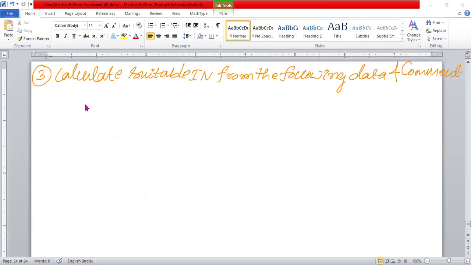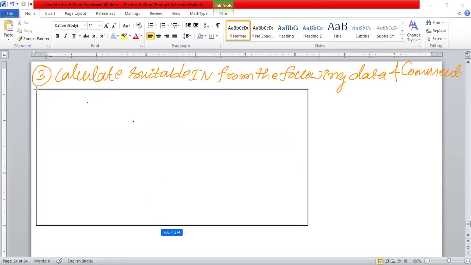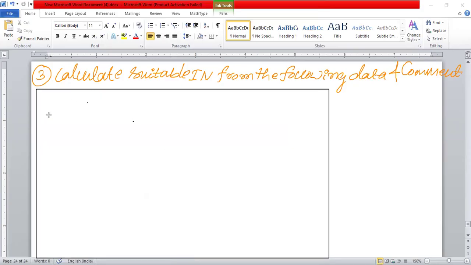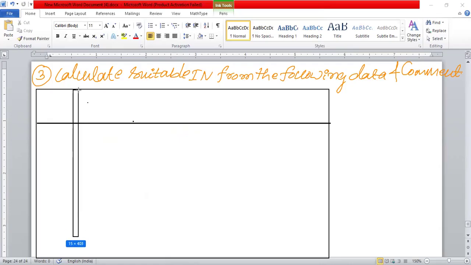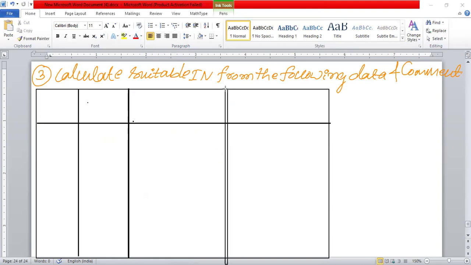So we require 4 columns. Item column, current year quantity, then we're going to divide it.